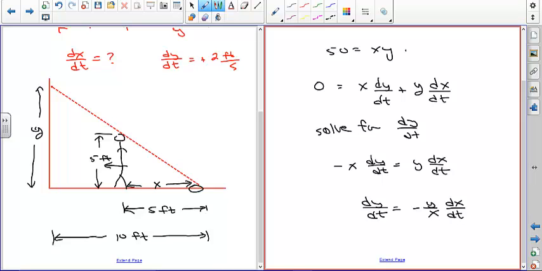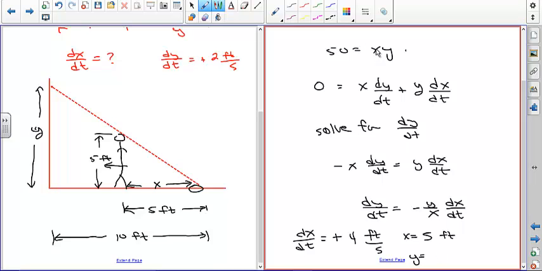Now you just have to see, do we know everything? Well, we're given the speed, dx/dt is plus 4 feet per second. And it's plus because x is getting longer as the person walks towards the wall. x equals 5 feet, and y you can find using this relationship.